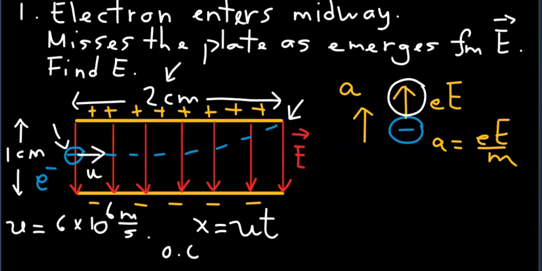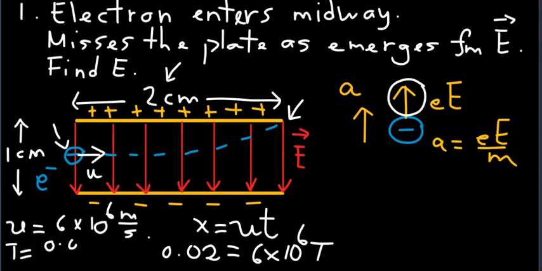Converting that into meters, 0.02 meter equals u, which is 6 million meters per second, times the time it takes. Let's call that capital T. So capital T is quite simply 0.02 over 6 times 10 to the power 6 seconds.